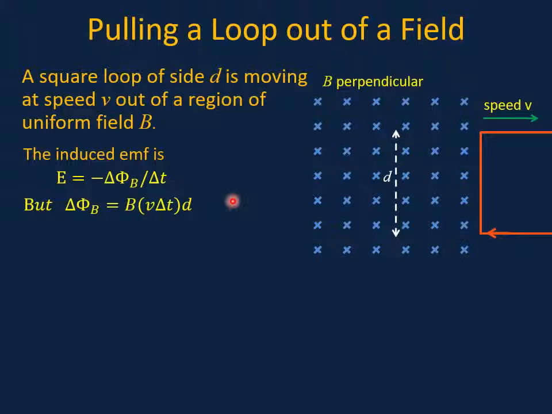To figure the magnitude, we can write the following equation. The change of flux at any given time t is simply the magnetic field, since it's constant, times the change in the area. The change in the area is how much of the length of the loop is being pulled out in that time t, which is this, times the vertical distance d.